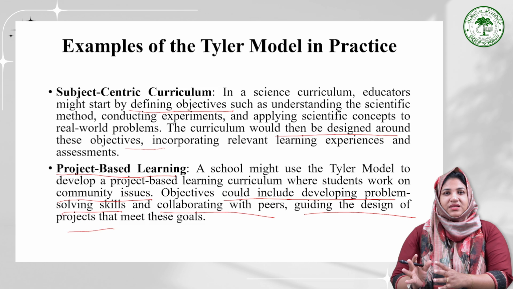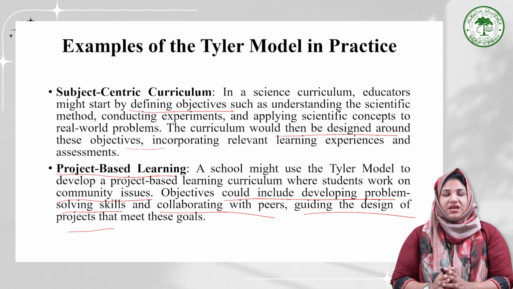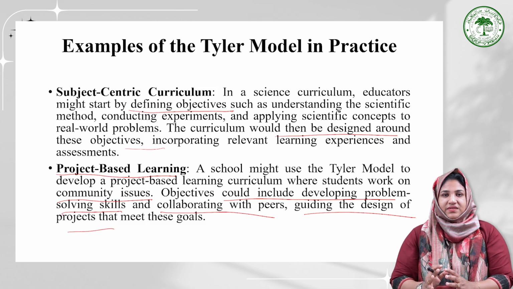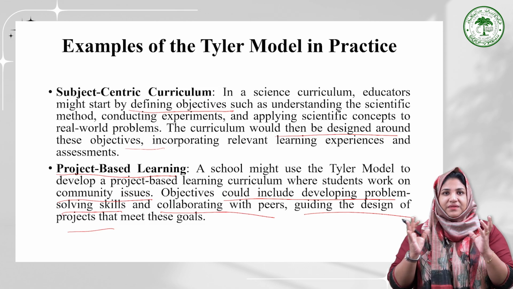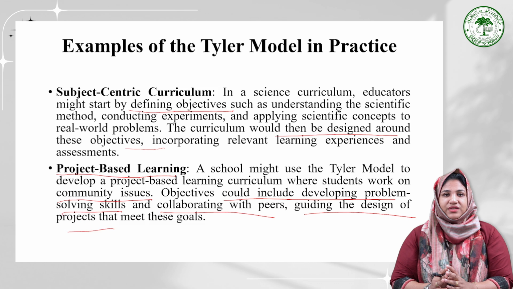So if you are getting the students involved in the community, you can set clear objectives: collaboration, understanding relationships, understanding the social issues, taking their stand on social issues, clarifying their mindset with respect to social issues. Anything can be the objectives. So you can frame well and clearly defined objectives.